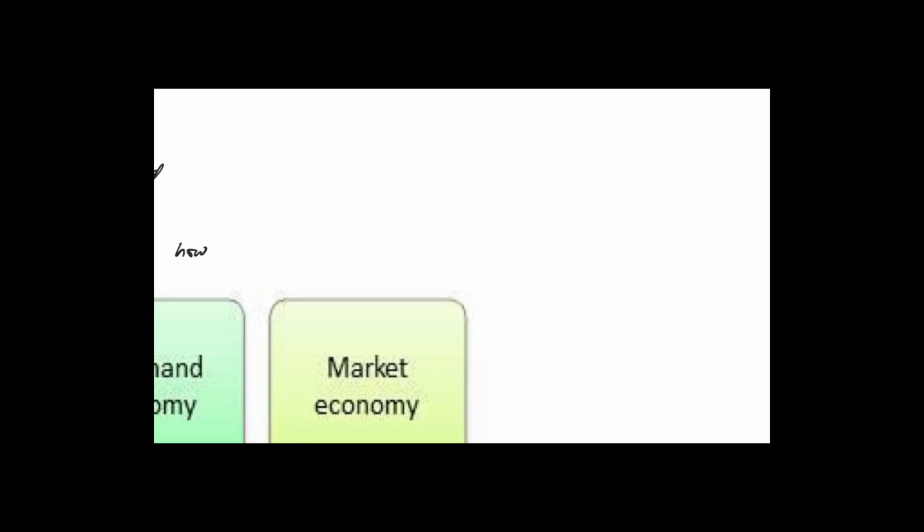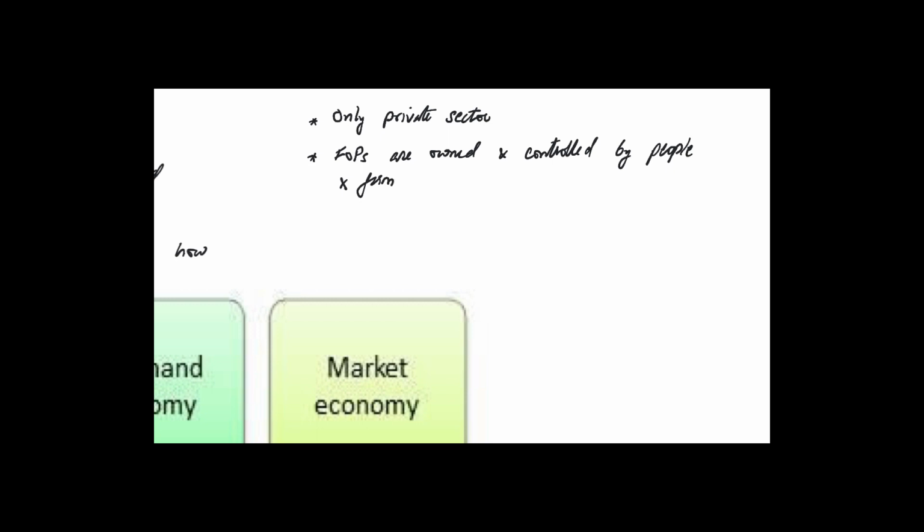Then what you have is a market economy, which is completely opposite of this. And it only has private sector and nothing else. The factors of production, FOPs, are owned and controlled by people and firms, businesses.